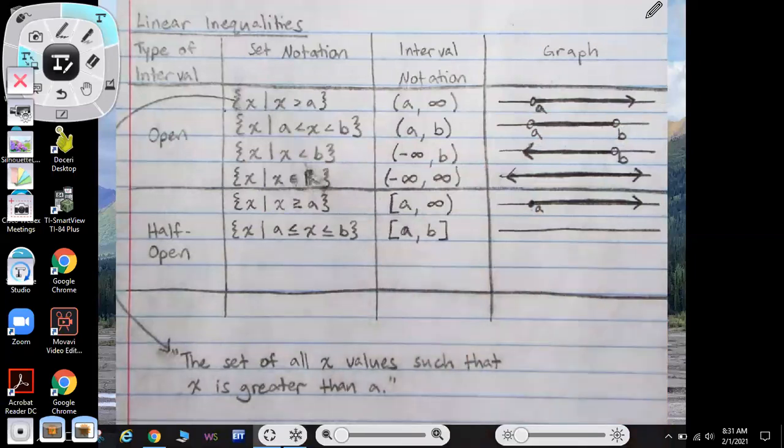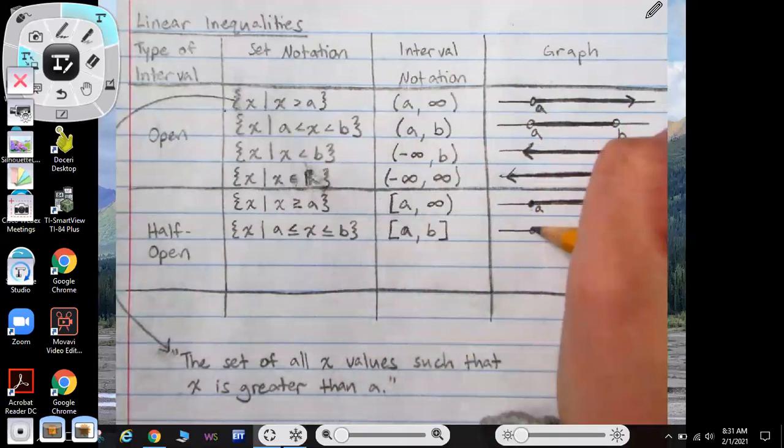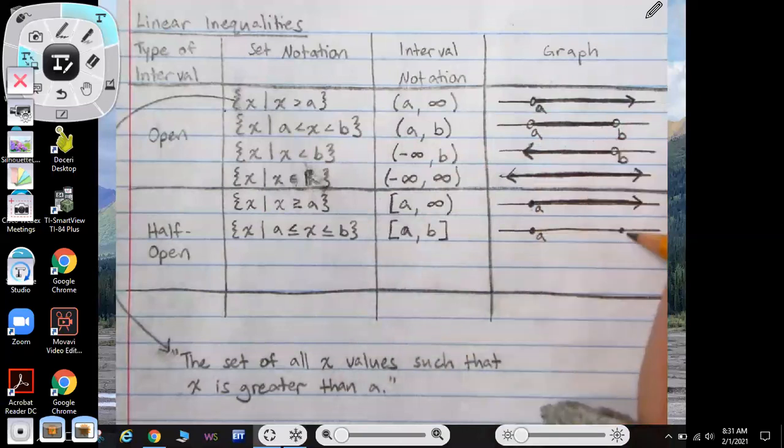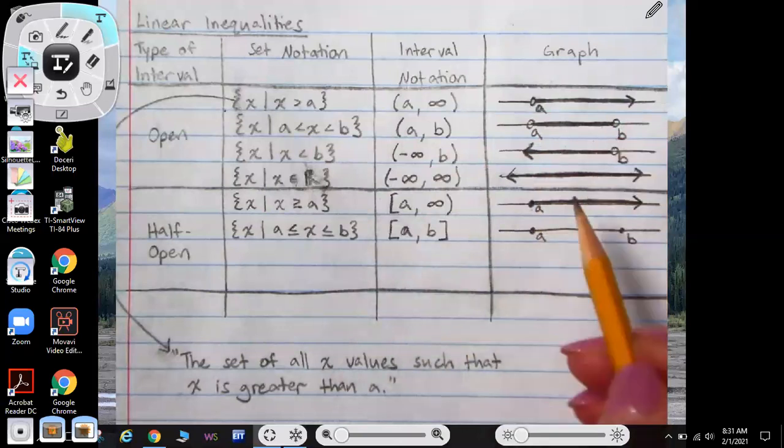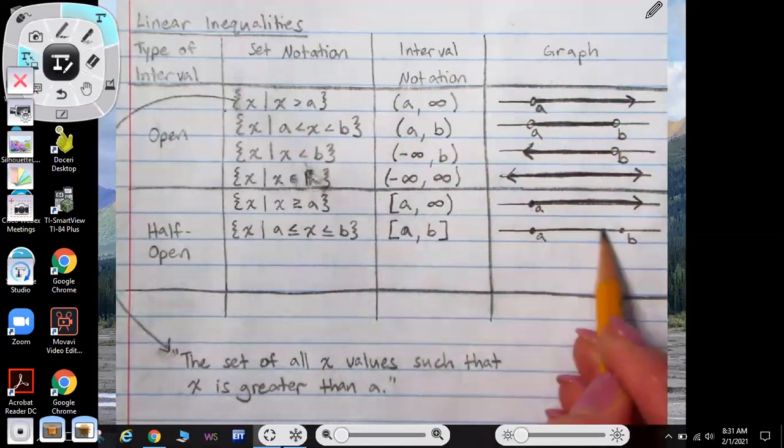So our graph is going to have closed circles at A and B, and we're going to shade in between.